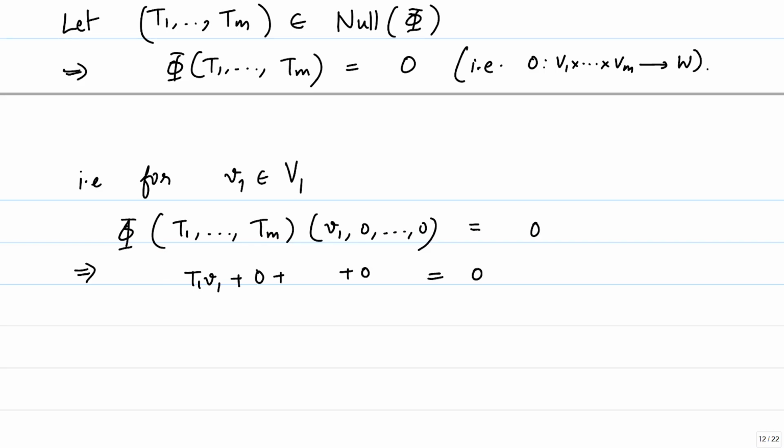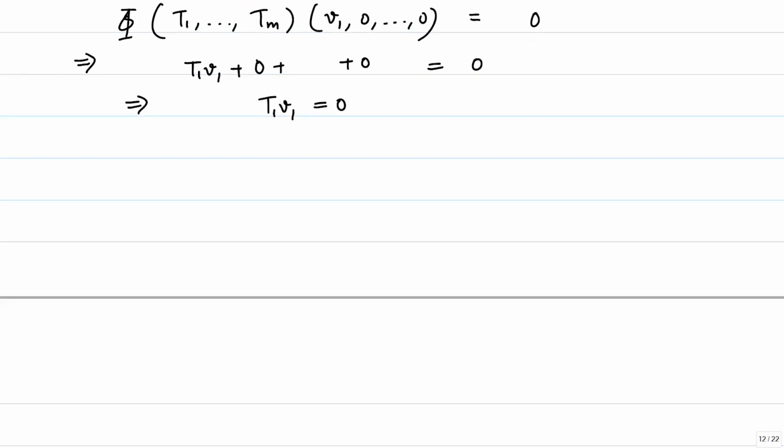All these are vectors in W, which implies T1 V1 is equal to 0. This is for any V1, which implies T1 is identically equal to the 0 linear transformation. Similarly, we conclude that Tj is identically equal to 0 for all 1 less than or equal to j less than or equal to m.